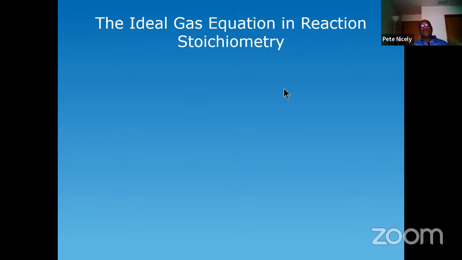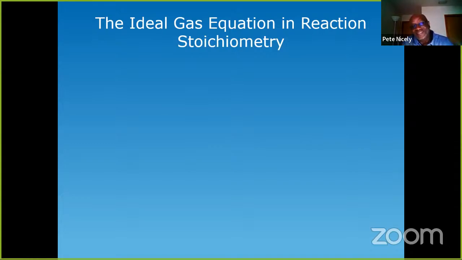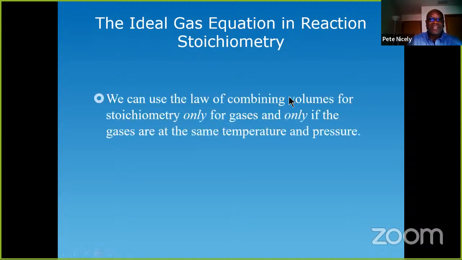The reason why the one that we looked at just now could be done so easily is because the temperature and pressure of all the gases in that particular situation are the same. But if that's not the case, then we would have to take a different route in order to solve problems like that.